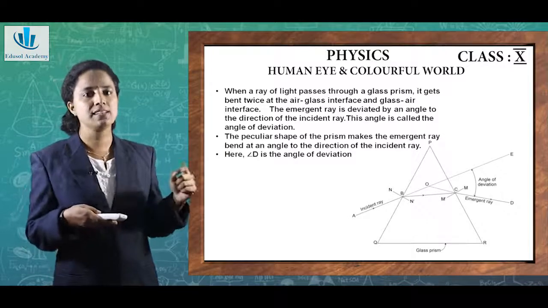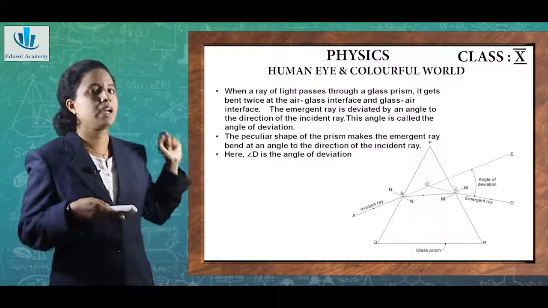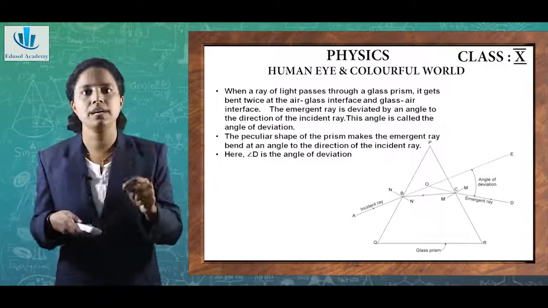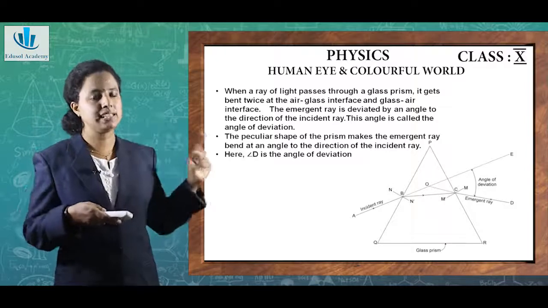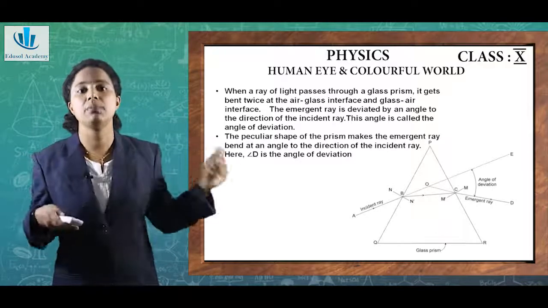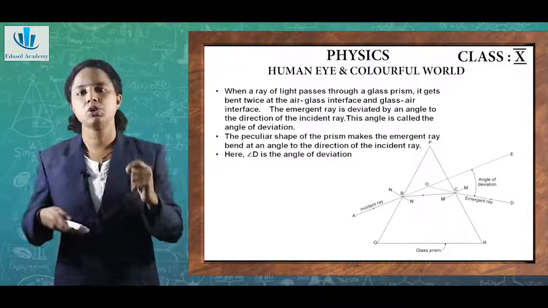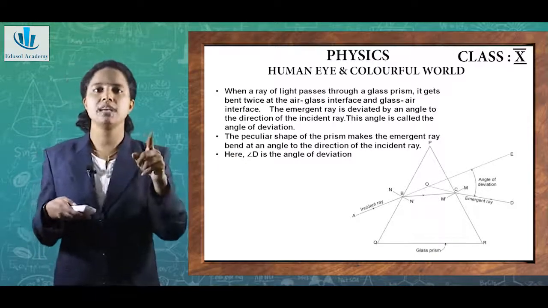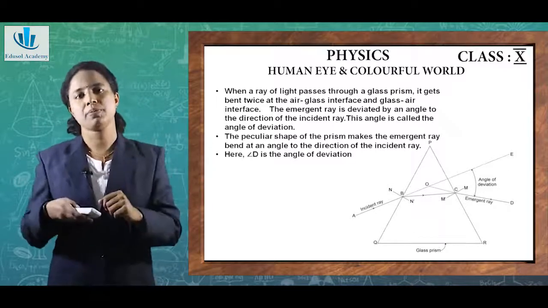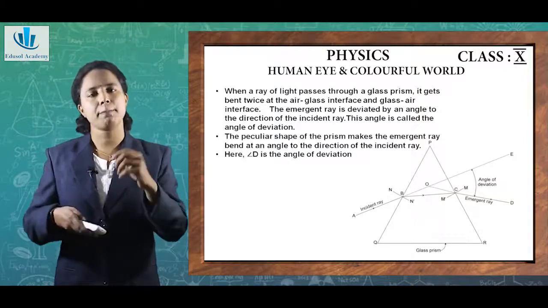The incident ray reaching the prism undergoes refraction inside the prism, which is denoted by BC. And after refraction, you get on the other side the emergent ray, that is CD. So, at the air-glass interface as well as at the glass-air interface, there is bending happening. So inside the prism, the real phenomenon happens.